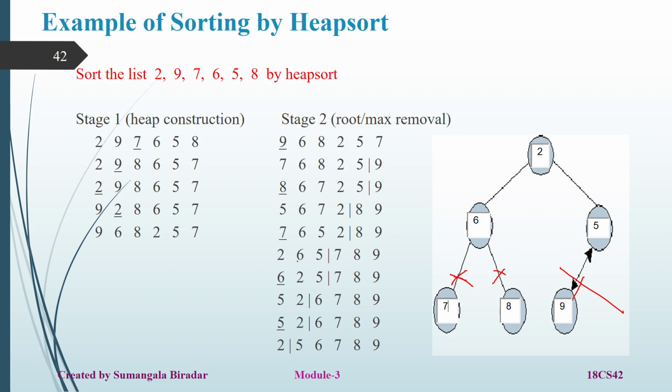This is the line 2, 6, 5, 7, 8, 9 here. This line indicates that these are the elements you already removed from the heap tree. So how many elements are left now? 2, 6, 5 here. If you take 2, 6, 5, once again you have to check. Now this is your heap tree.